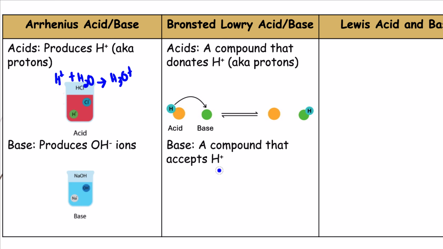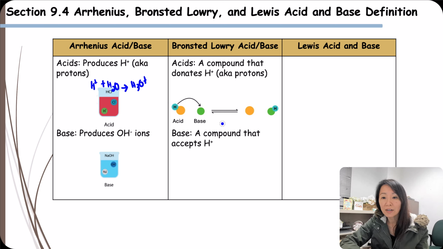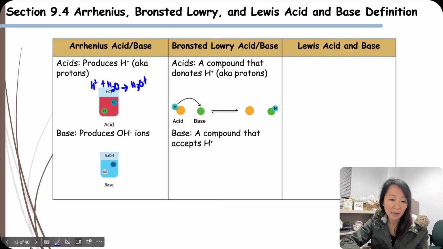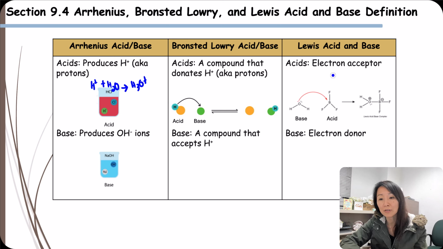All right, so let's look at the very last acid and base definition, which is the Lewis acid and base. Here, now it doesn't involve anything to do with hydrogen for the acid, but it says that acids are electron acceptors. They're going to accept an electron.